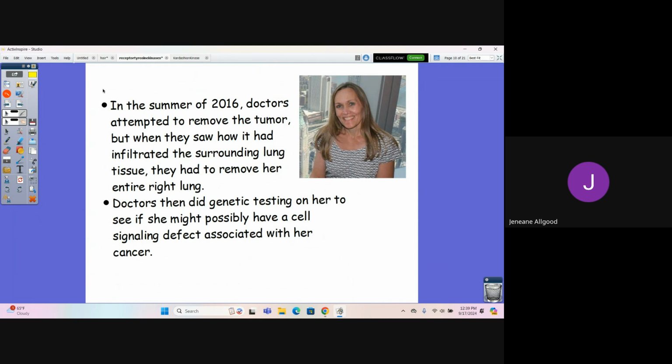The fact that she had this genetic defect means she has to take a pill every day for the rest of her life that will block her receptors. But it's basically blocking those cells from dividing. So this cancer shouldn't come back. And she never had to do traditional chemo, which just targets any rapidly dividing cell in your body. And that's what causes you to lose your hair and be really, really tired and all that.